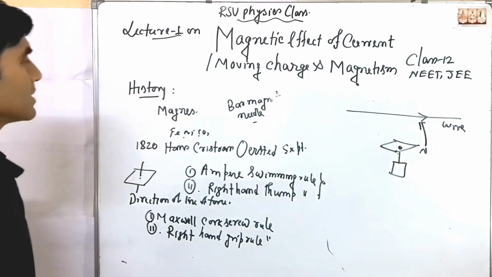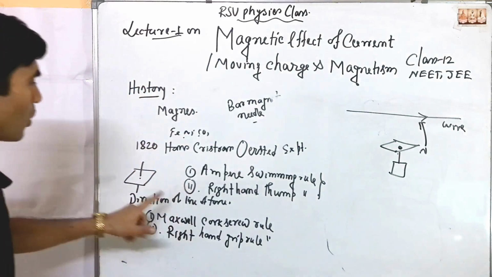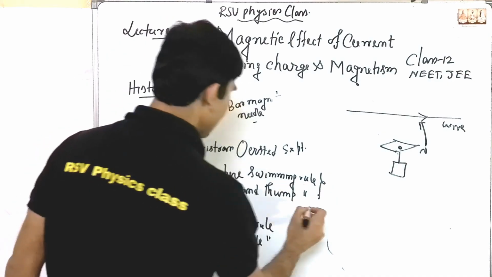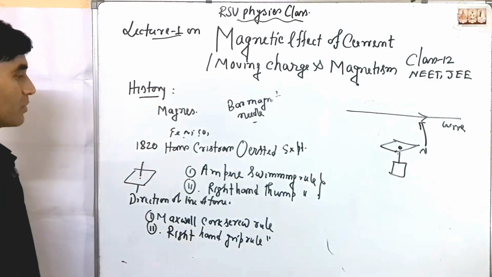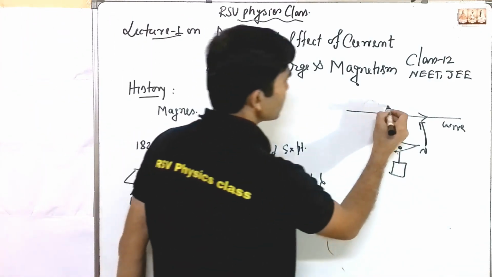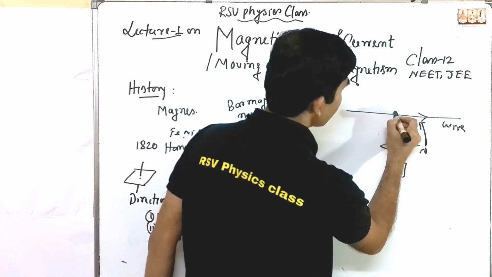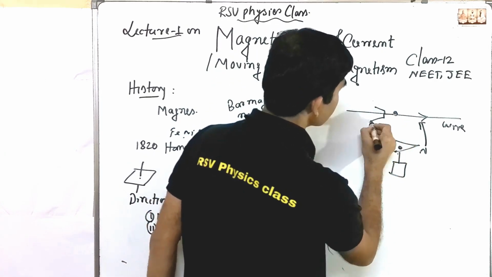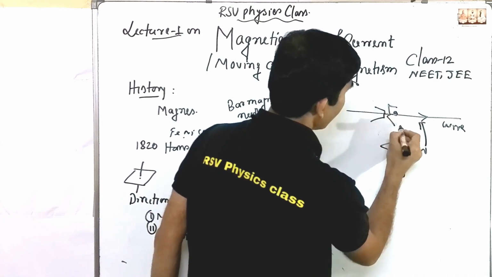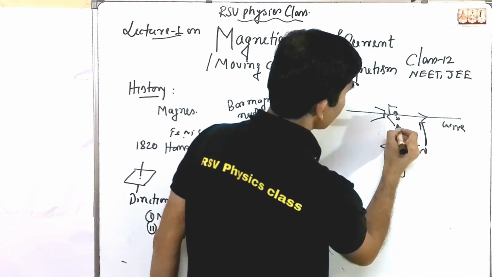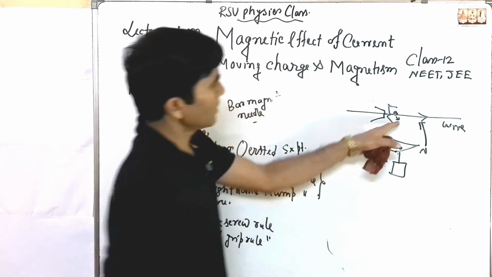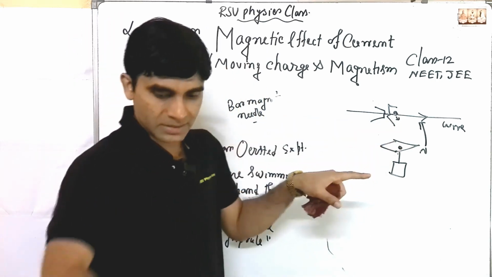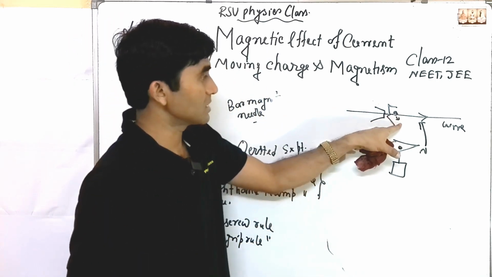Now there are two rules: Ampere's swimming rule and the right hand thumb rule. In Ampere's swimming rule, a person is swimming along the wire, with head here, observing this side, and his direction is this side.